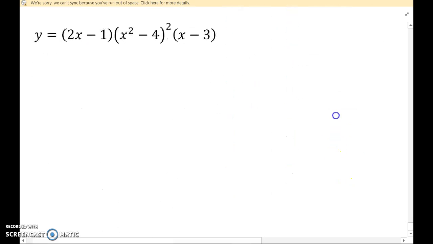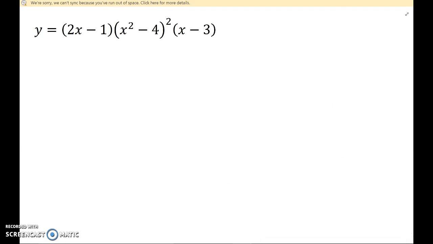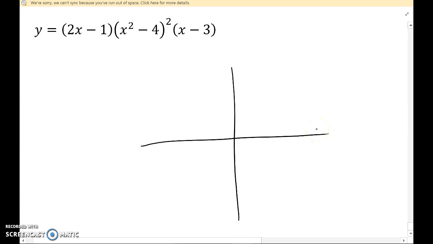All right, one more example. If you notice, there's some similar pieces to our last problem. You may want to rewrite it. You don't have to. But here, if we rewrite it really quickly, you can see that we have x squared minus 4, but that is also squared. So that is like us having x squared minus 4 times x squared minus 4 times x minus 3.